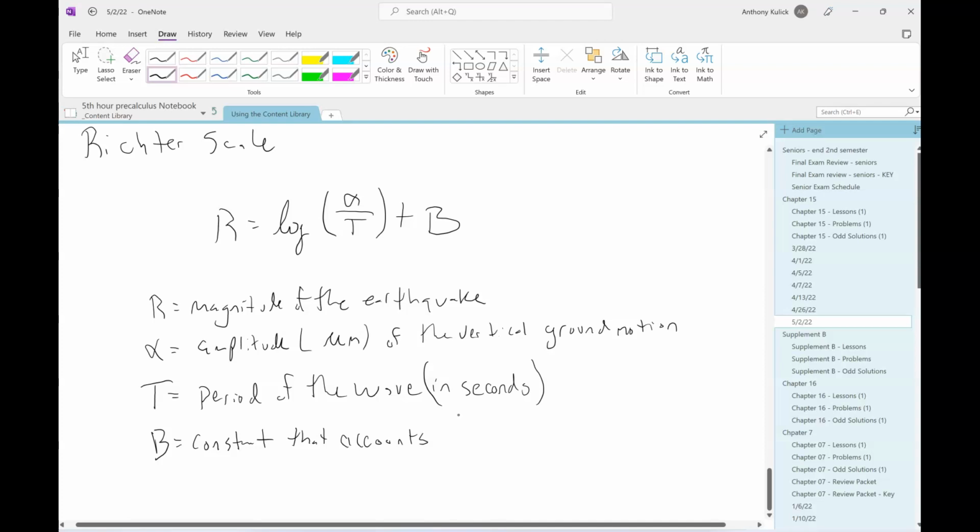Epicenter, right? And as you move away from the epicenter, is the earthquake getting bigger, stronger, or weaker? Weaker, right? So this B is accounting for the fact that, say, we took our measurement a mile from where the epicenter actually was. If I want to figure out how strong this earthquake was, I have to correct for that distance.